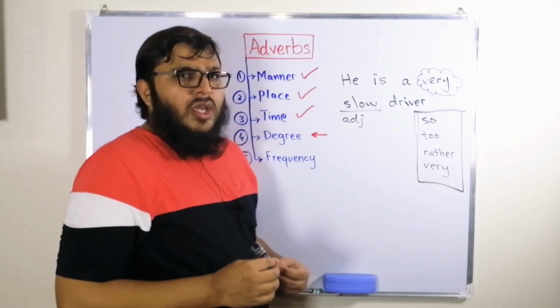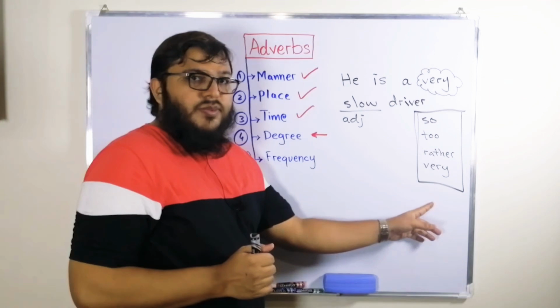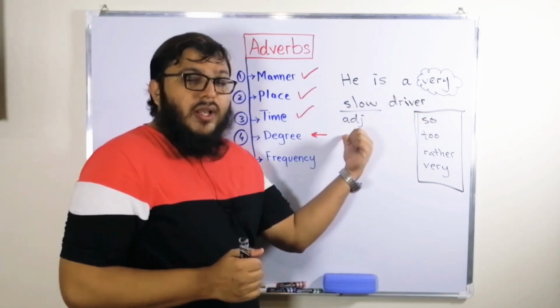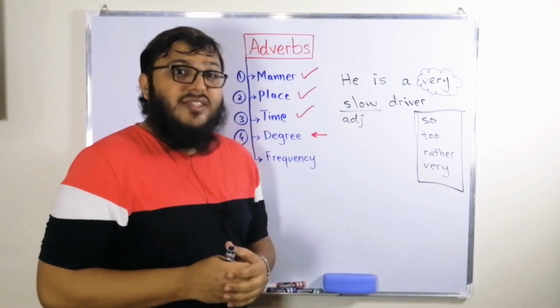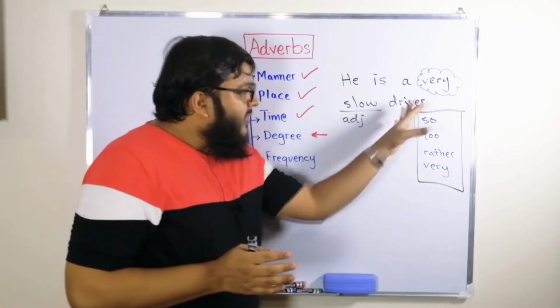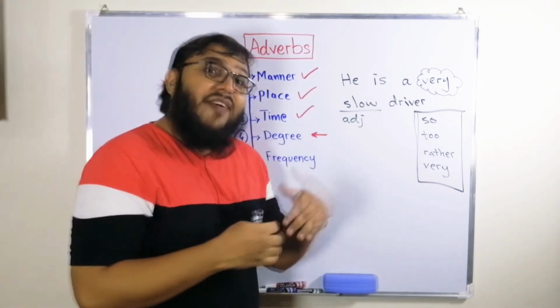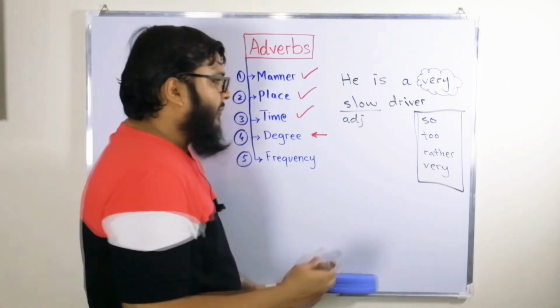Remember one thing, these kinds of adverbs, we call them degree adverbs, they work for adjectives, but they also work for adverbs themselves. Yeah, such adverbs also tell the degree of another adverb. For example, he is driving slowly.